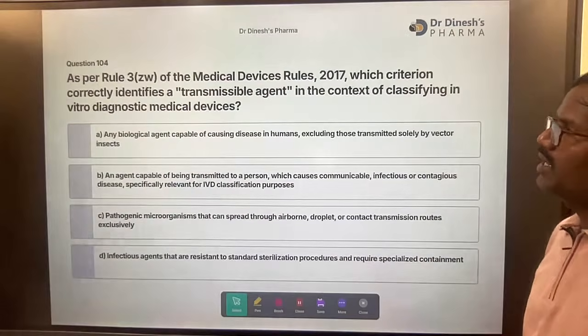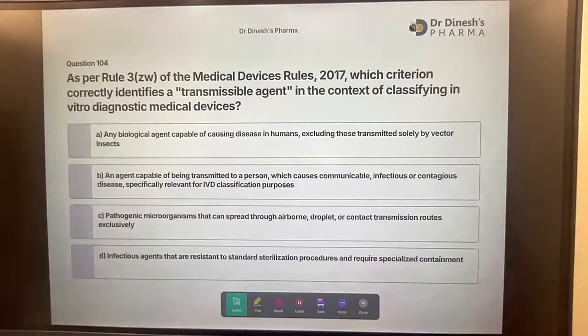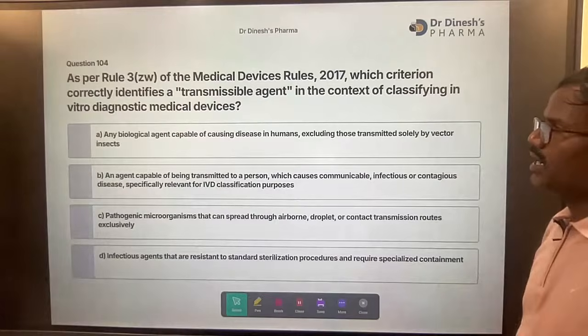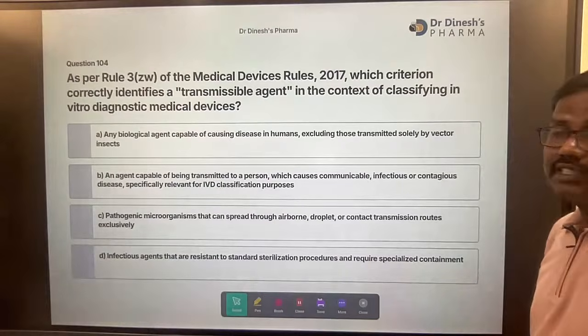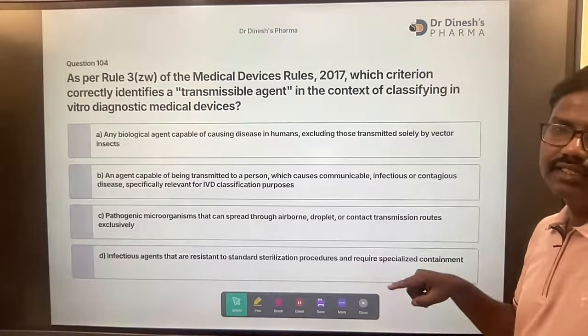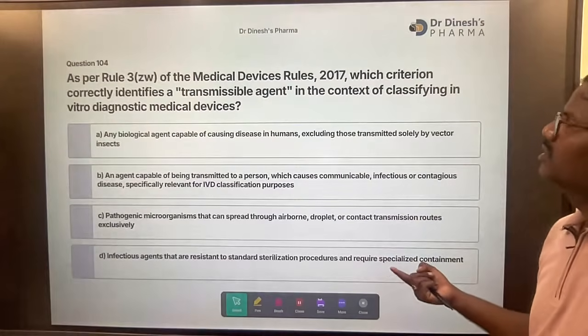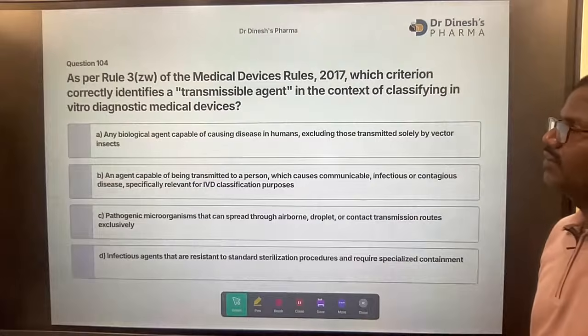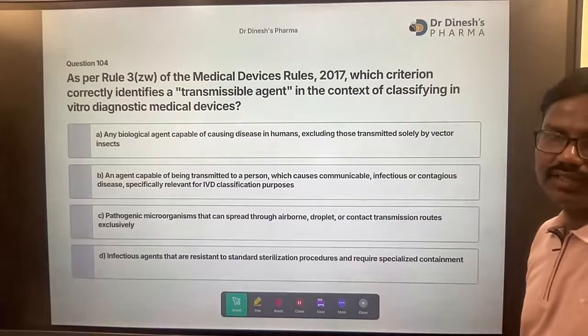Next, 104. As per Rule 3 of the Medical Device Rules 2017, which criteria correctly identifies a transmissible agent? Transmissible agent. Okay, that is a transient, and this is transmissible agent in the context of classifying in vitro diagnostic medical devices.